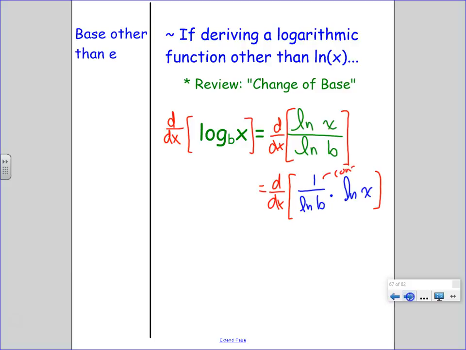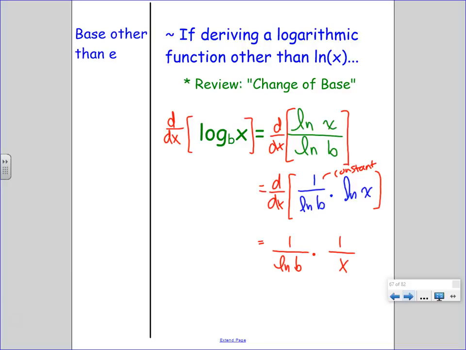And what can I do with any constant? Constant multiple. When he's in front, when he's multiplied, I just keep him, right? If I have 5x squared, the 5 stays, and you bring down the 2. The constant stays. So what do I do with ln of b? He stays, times, what's the derivative of ln of x? 1 over x.